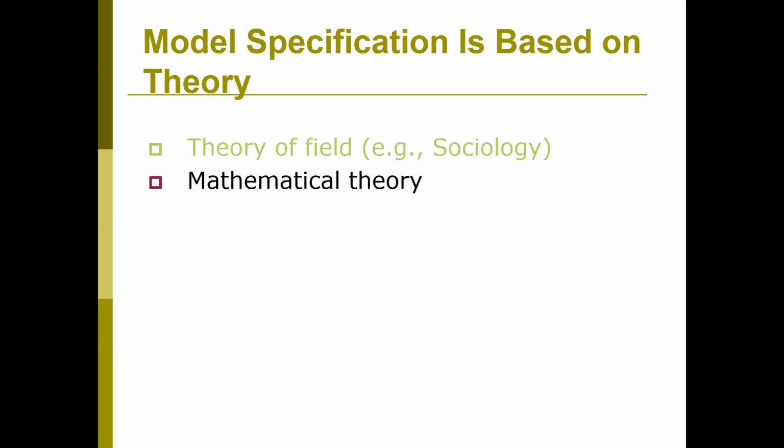So that by the time you want to specify a linear model, you understand the mathematical theory behind it. In regression modeling, you need to be able to display your mathematical understanding of relationships as well.